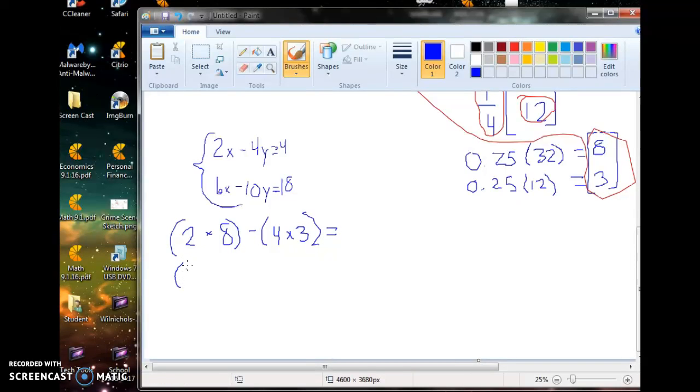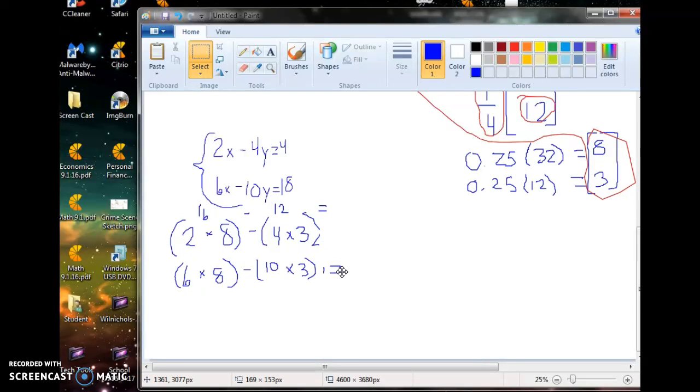And next one, 6 times 8, again from here, minus, sorry, not 4, 10, looking at the above equation, minus 10 times 3, which gives us 16 minus 12 equals a number.